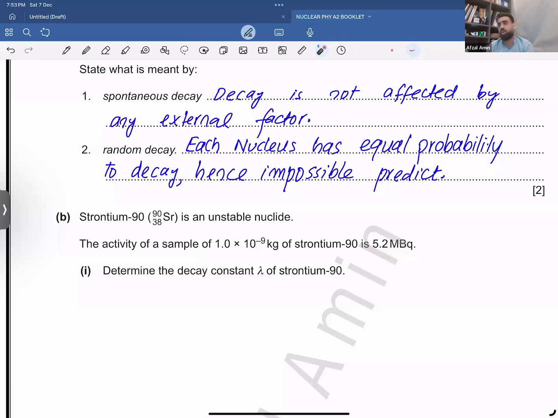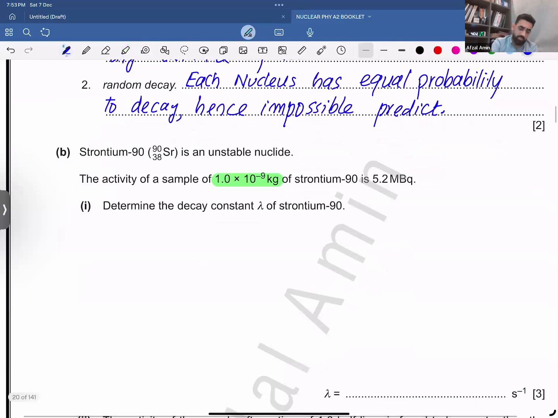So lambda is log 2 over half-life, but you don't have the half-life, so the idea will start from this point. How can this mass help you? It is strontium 90, so you need to know its number of nuclei.